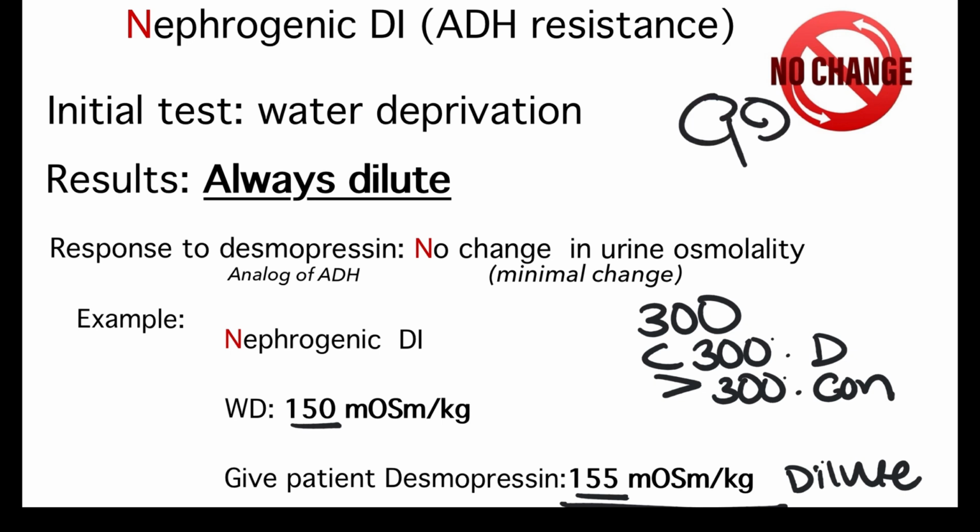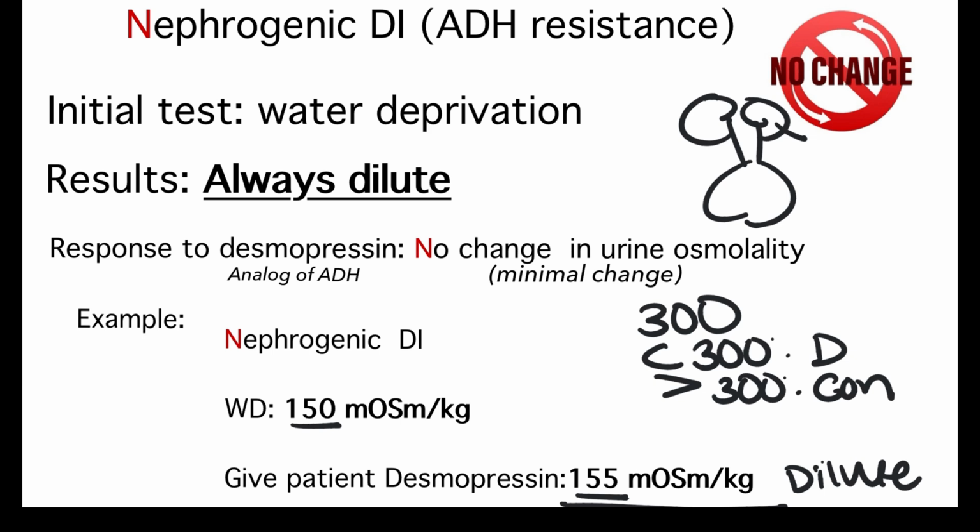The kidneys. The kidneys are not responding to the ADH. It's not the brain. If it was the brain's problem, then it would be central. But because you're giving the patient desmopressin and it's not concentrating the urine, even with the ADH inside of the circulation, that means the kidneys are not responding, okay? So remember, nephrogenic, no change or only a slight change in urine osmolality.